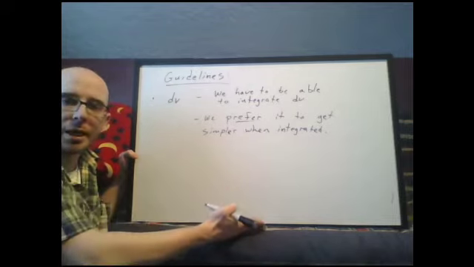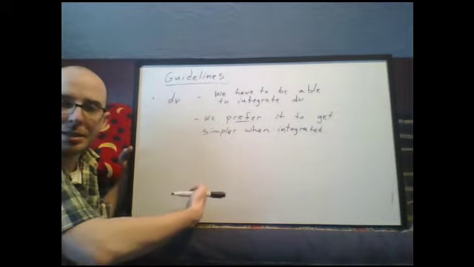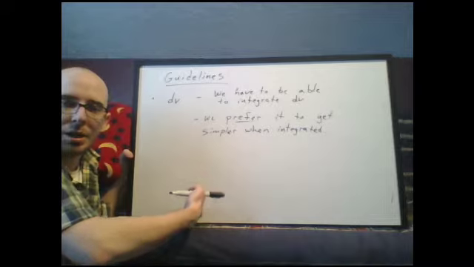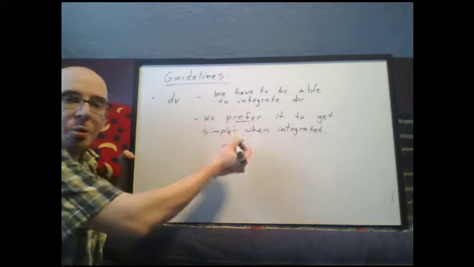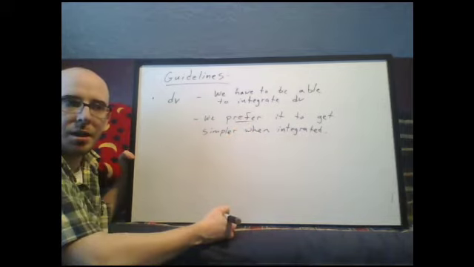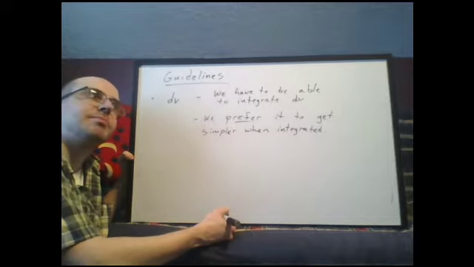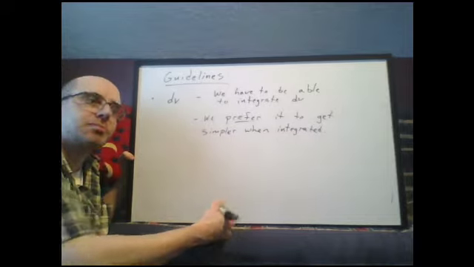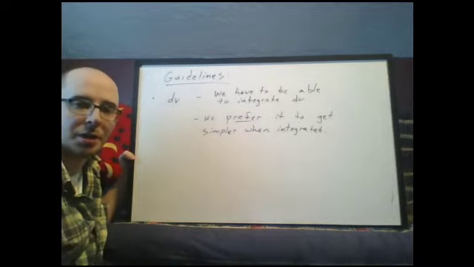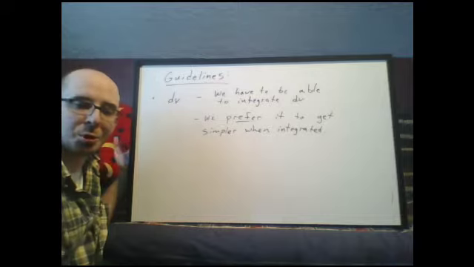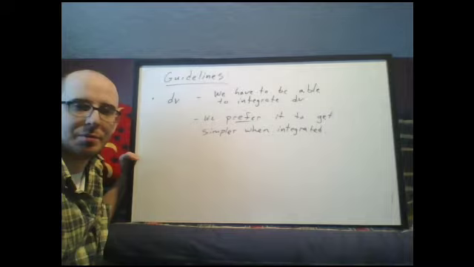That's more complicated, so that's bad. When I integrate e to the x, it's e to the x, so it didn't get any worse. That's better than getting more complicated. Ideally, we want it to get simpler. That's fairly rare for something to get simpler when we integrate, but we at least don't want it to get worse. We don't want to get more complicated.